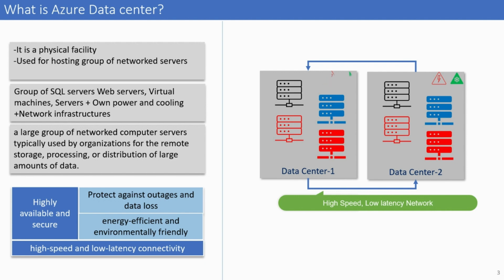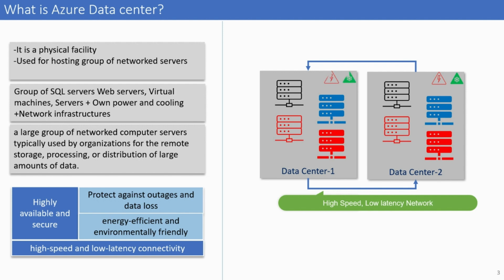These Azure data centers are also connected to the Microsoft Global Network, which provides high speed and low latency connectivity between data centers, as well as between data centers and customers. This allows customers to easily transfer data between data centers and take advantage of the Azure global network to improve the performance and availability of their applications.